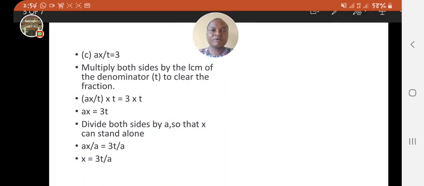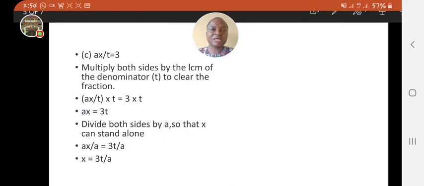You're going to have ax over t times t equal to 3 times t. So the t cancels the t there, and you have ax equal to 3t. Now, for your x to stand alone, you divide by the coefficient of x, which is a.